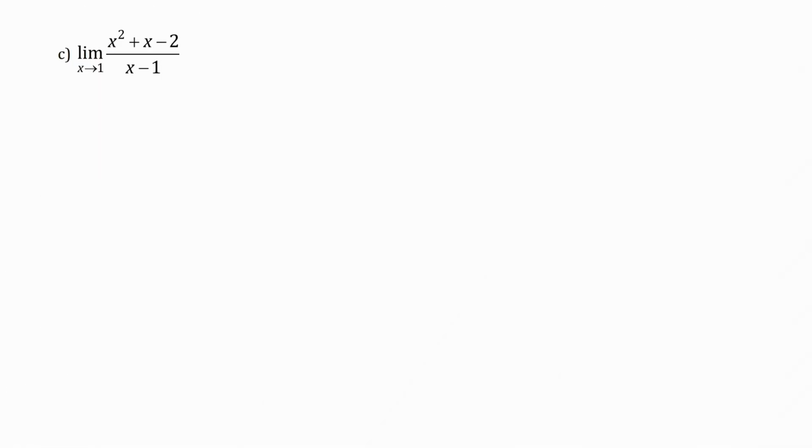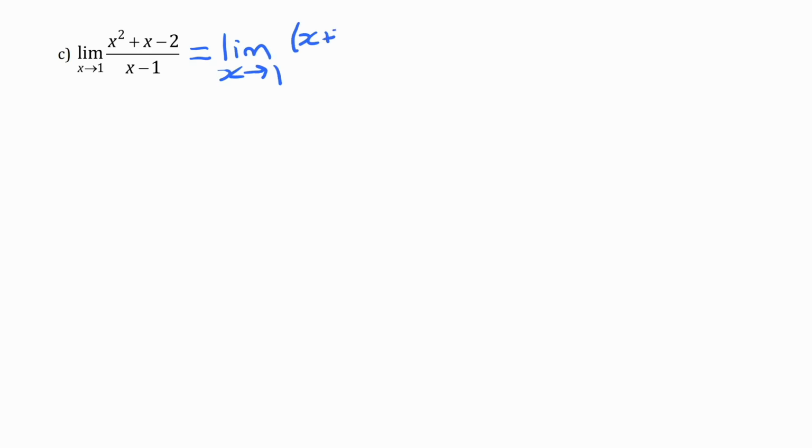So the next one we're going to look at here, this rational function here, and trying to find the limit as x approaches 1. The problem with that is because of this factor on the bottom, 1 is a non-permissible value. So we're not going to be able to do it by substitution directly. What we're going to have to do is rewrite the limit and see if we can do some algebra to make it so that it's going to work.